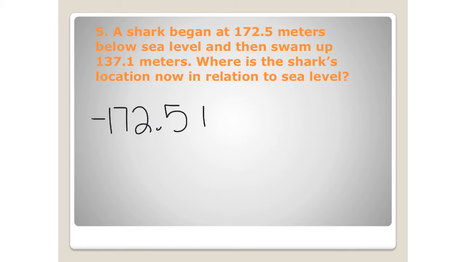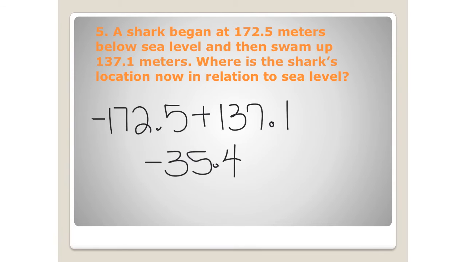Well, swimming up is an increase, so adding 137.1. You can place this in your calculator, or you can subtract the numbers since they have different signs. Whether our answer will be positive or negative is based on the absolute value of the numbers. And 172.5 negative has the higher absolute value, so our answer is going to be negative. In our calculator, you would also find out that the answer is negative 35.4.